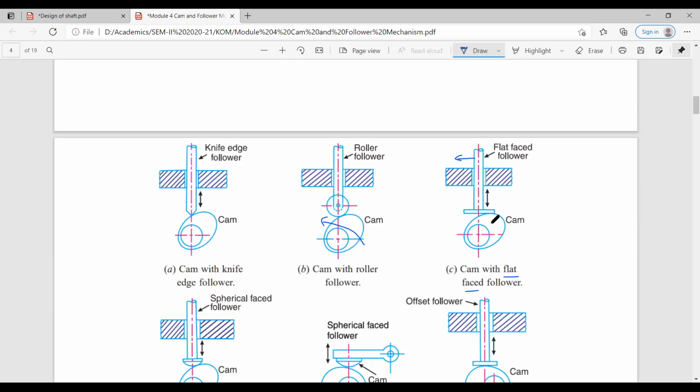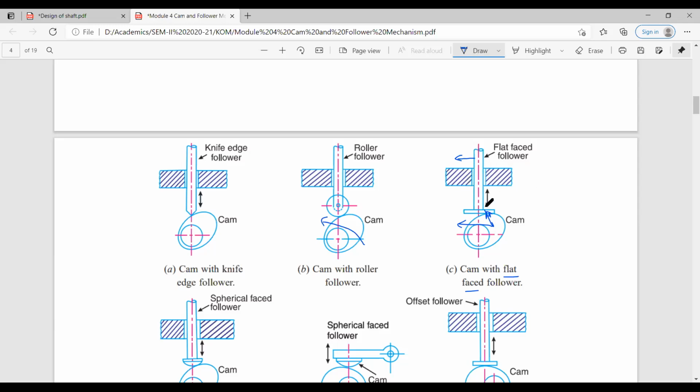Because of this kind of follower, there is less side thrust. You can see that here the point of contact is not passing through the center of the cam. Because of that, the force will act a little bit inclined, like this. So some component of the force will be in the horizontal direction. This force will have side thrust on the guides.